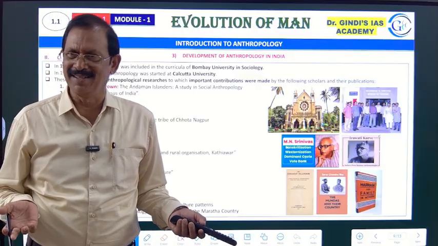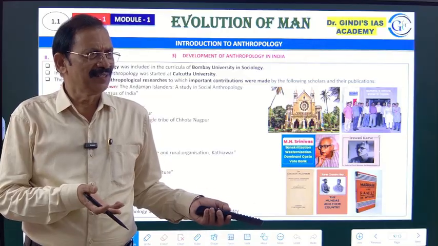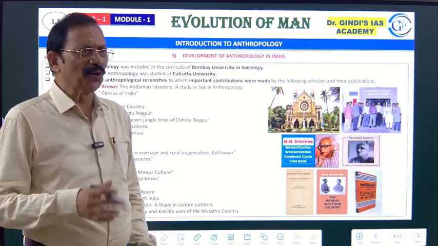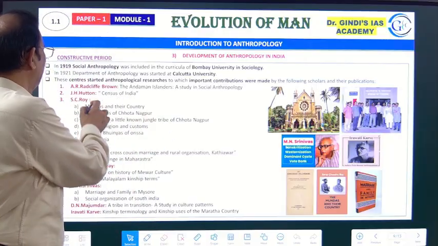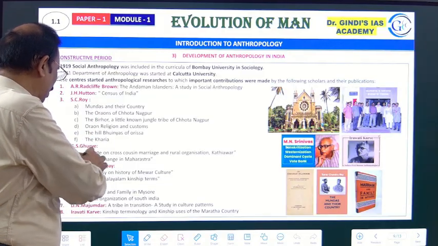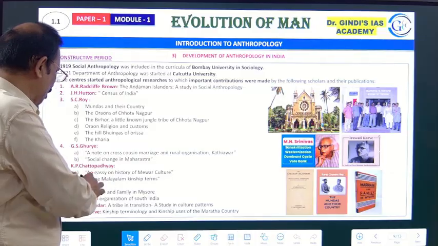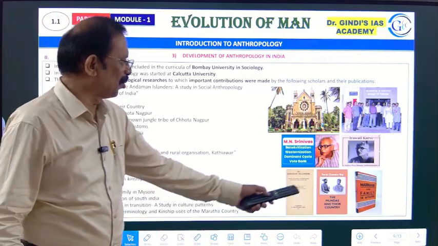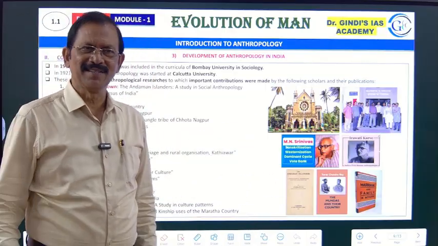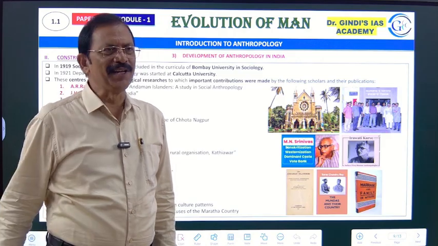They have to do research under the professors, and in turn they teach students like you. So their contributions: Radcliffe Brown, Hutton, S.C. Roy, Ghurye, Chattopadhyay, M.N. Srinivas, D.N. Majumdar, Irawati Karve. All these people contributed with their researches to the development of Indian anthropology.